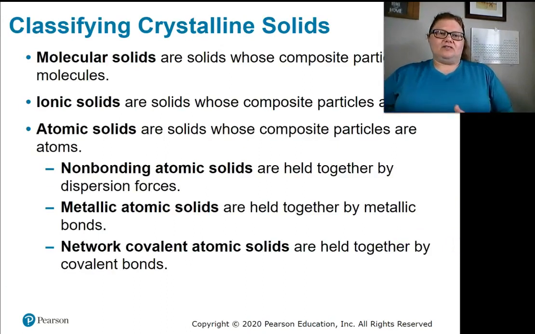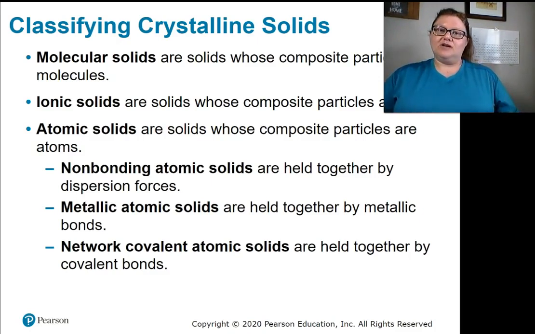Okay, so we're going to classify other crystal solids. There are other types. So we have a molecular solid, which are solids that are made up of molecules. Ionic solids, they are made of ions. And atomic solids, we have three different sub-levels of atomic solids. Just based on atoms, we have non-bonding. They're held together by dispersion forces.